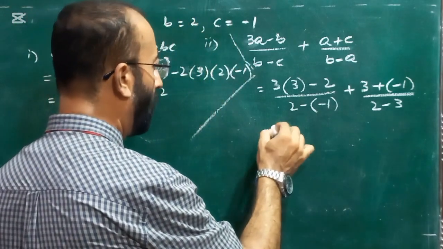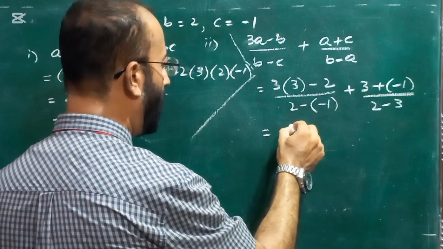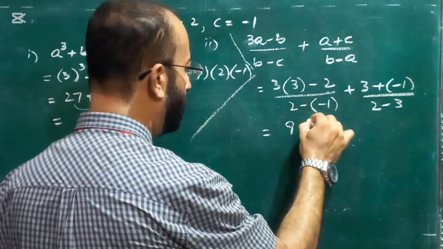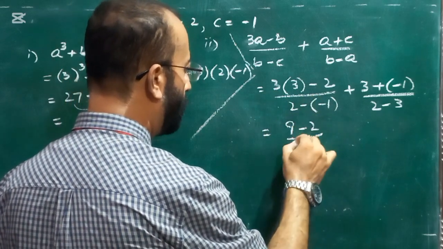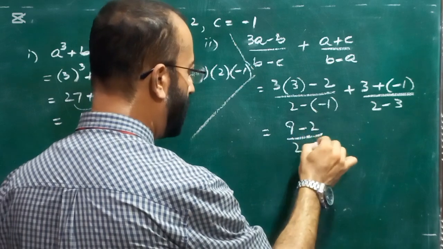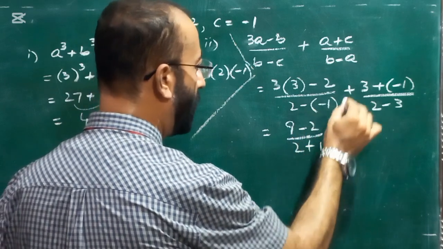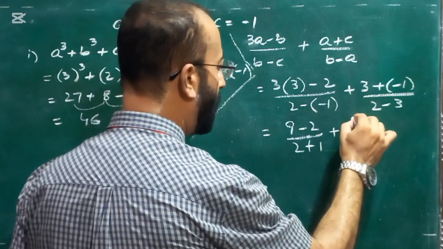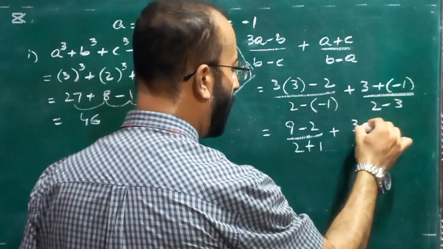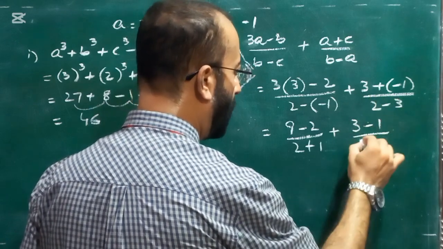So now onward from here, 3 3s are 9, minus 2 over 2, minus minus plus, 1 remains here, plus 3 plus minus minus 1, and 2 minus 3.